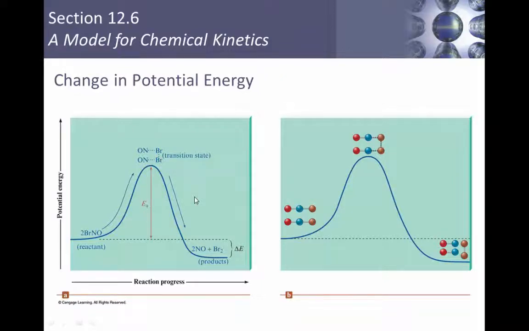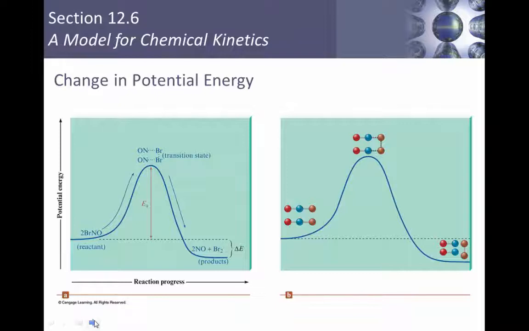Then as the substance begins to look more like the product and becomes more stable, energy is released. And so this is an exothermic reaction because there's less energy in the products than there is in the reactants.